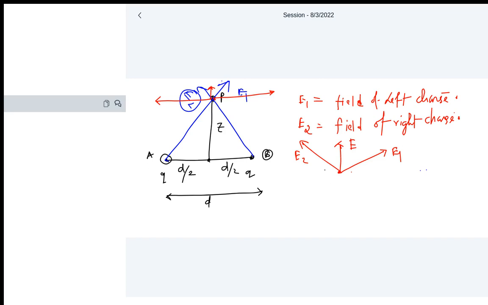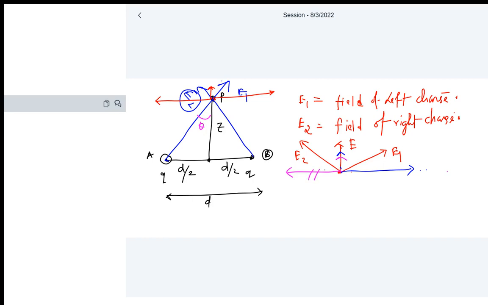Okay, and this electric field E1 has a vertical component along this direction and a horizontal component along this direction. Also for E2, the vertical component is along this direction, and the horizontal component is along this direction. Okay, so this is the angle theta. This is the angle theta.